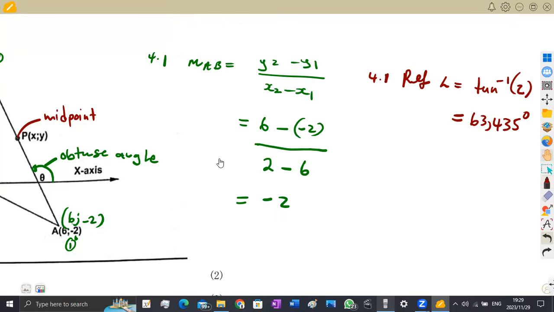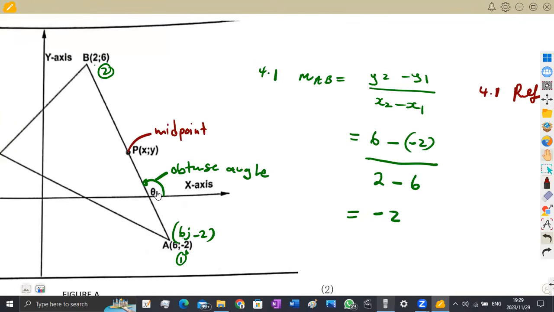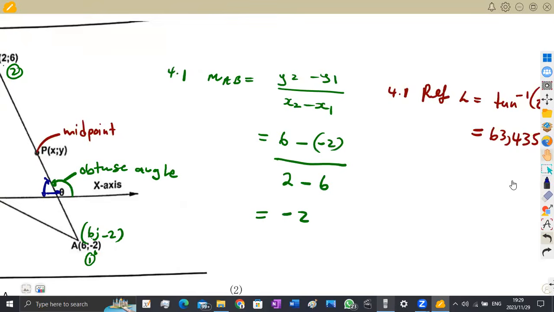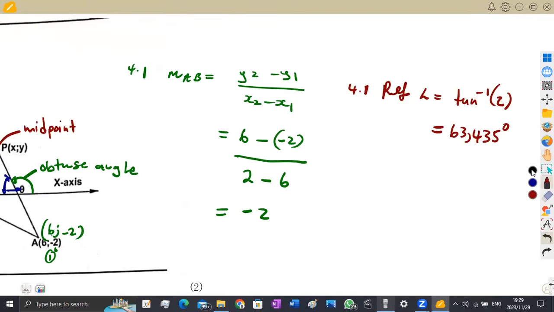But what about theta now, which is the exact angle, this one, theta? So like I said, it's an obtuse angle. What we have determined is this acute angle, this one. So we have to subtract it from 180 now to obtain the exact angle theta, which is the exact angle that you're asked.